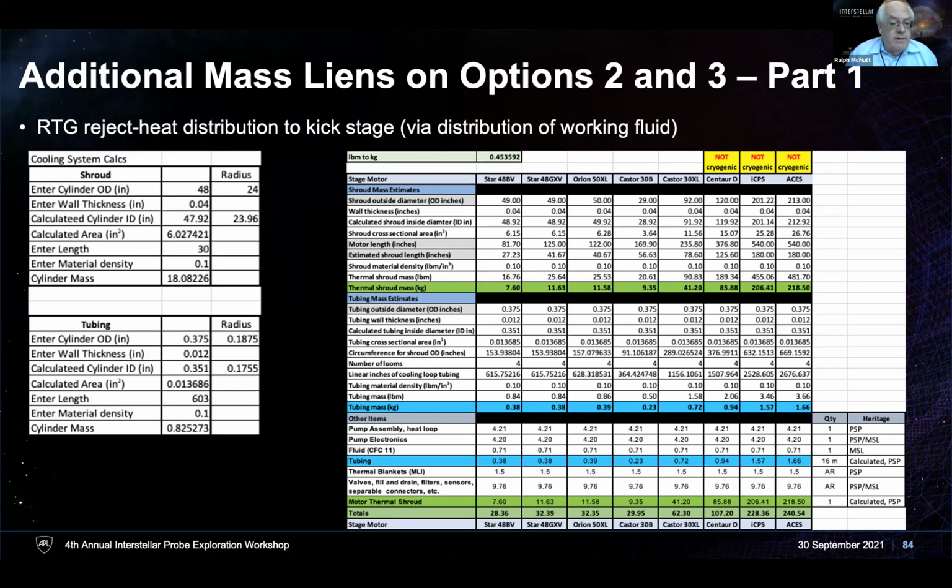And again, we dug into this. In this particular case, we looked at actually using the waste heat from the RTGs to move that around, basically in a blanket configuration to deal with that. One could also think about using electrical heaters as well. It's another configuration we looked at. In any event, this is going to add some more mass. Next, please.